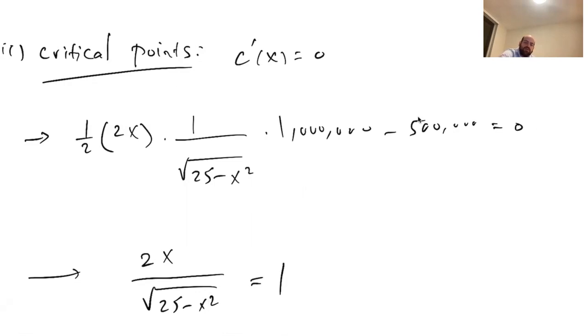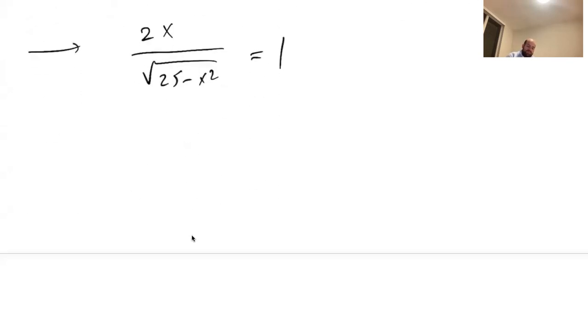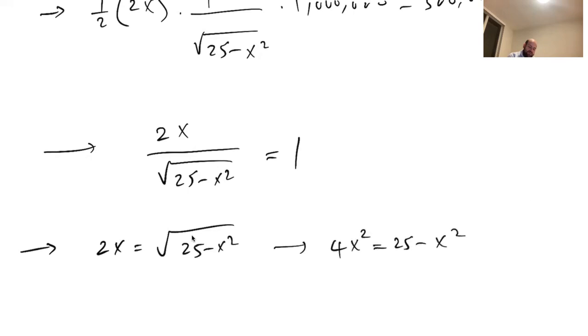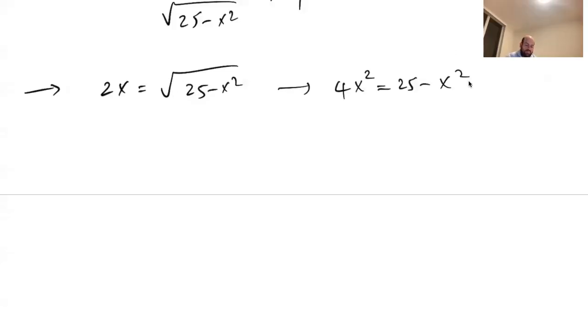That became 1. 1 million over 500,000 is 2. And then 2 times this will be 2x divided by this number equals 1. So that gives me 2x equals root 25 minus x squared raised to power 2. 4x squared equals 25 minus x squared.